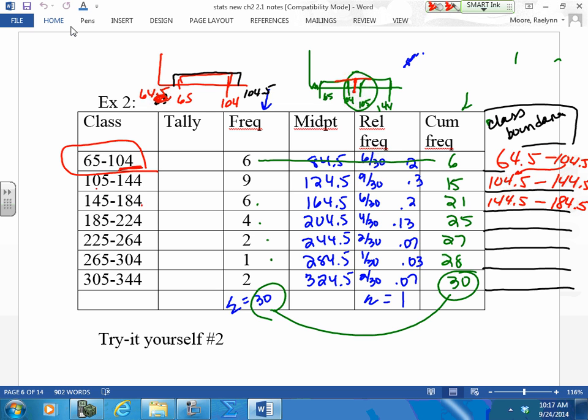Is that a dash? It's a dash for this. It is your class interval. This original class interval was 145 to 184, so now we extended it to 144.5 to 184.5. This is now your new class interval.